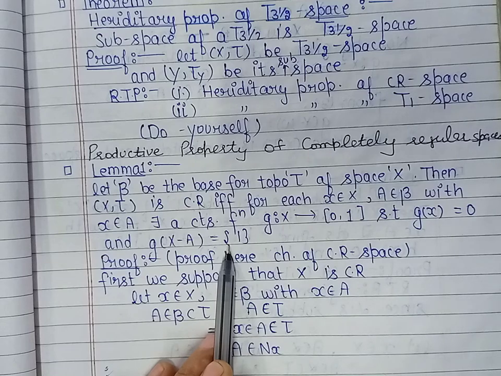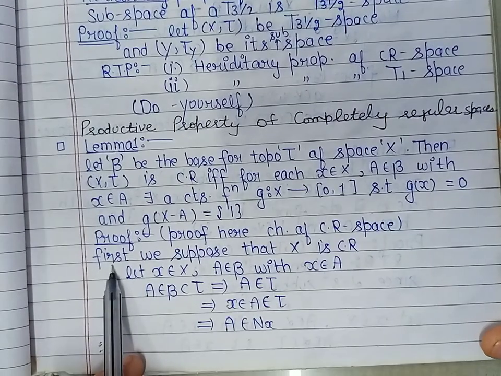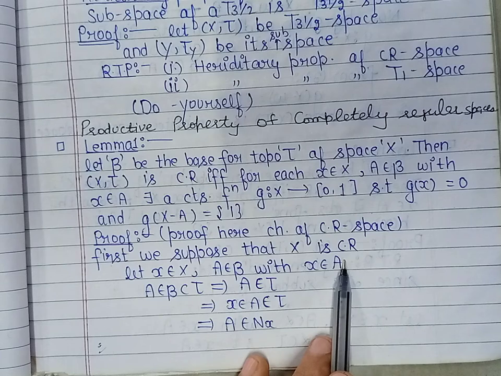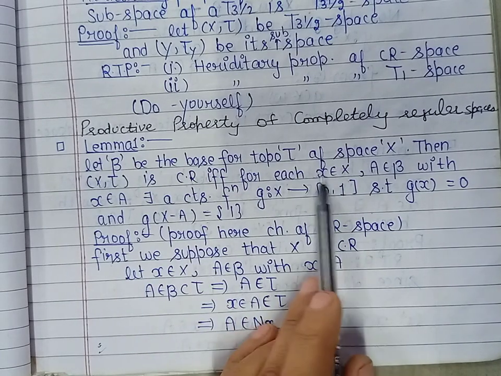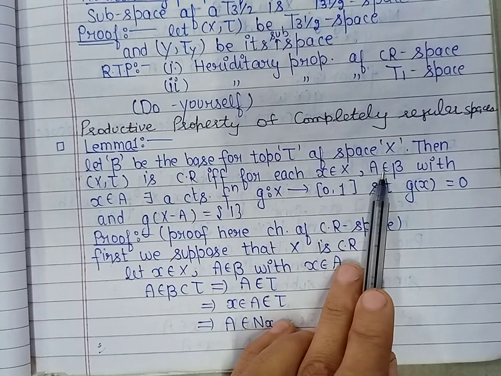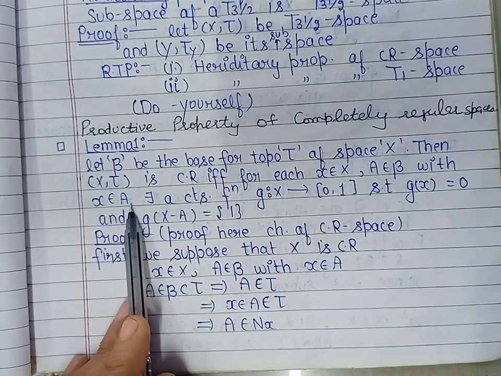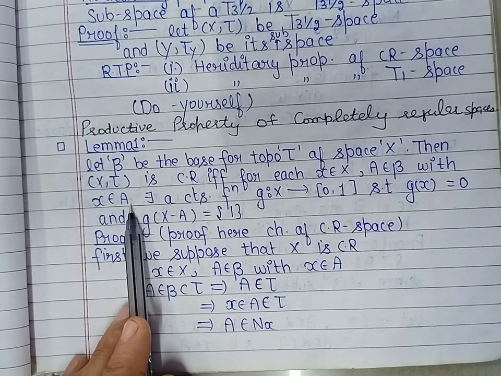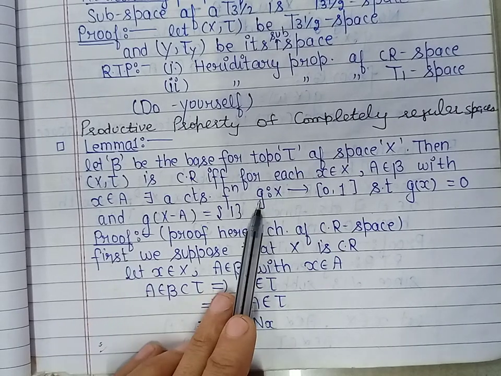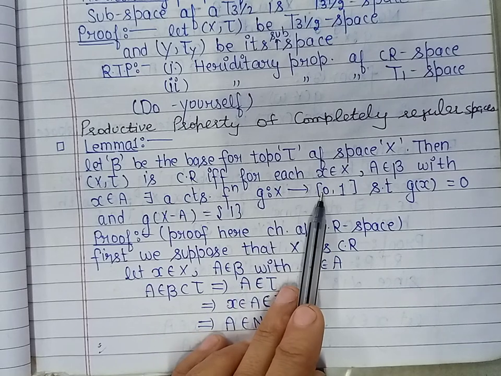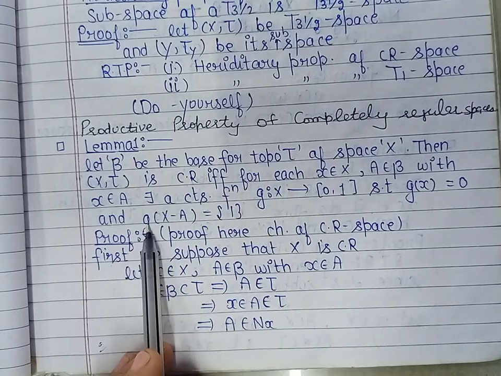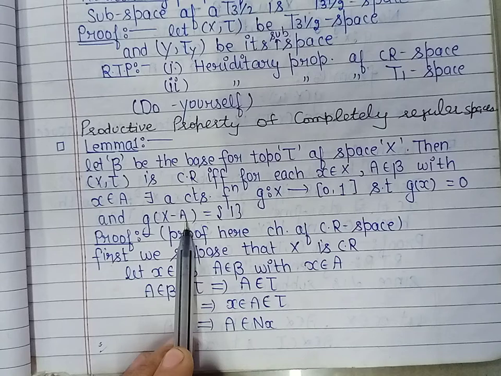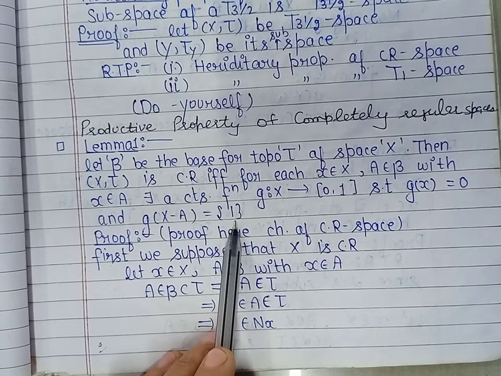First of all, let us take the topological space to be completely regular and we prove this condition. Let us take x belonging to X, A belonging to base β with x belonging to A. Now we prove that we have a continuous function g from X into the closed interval [0, 1] such that the image of the element x under that function is 0 and the image of the complement of the member of the base is the singleton {1}.